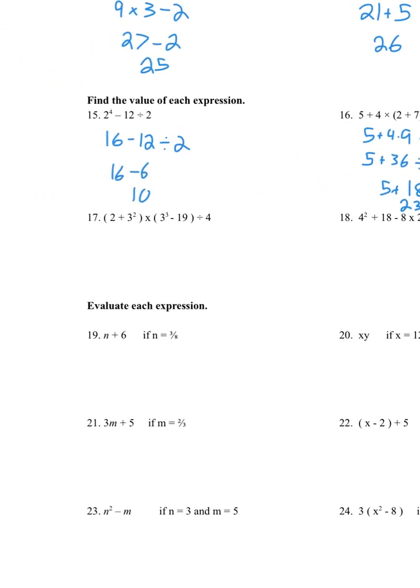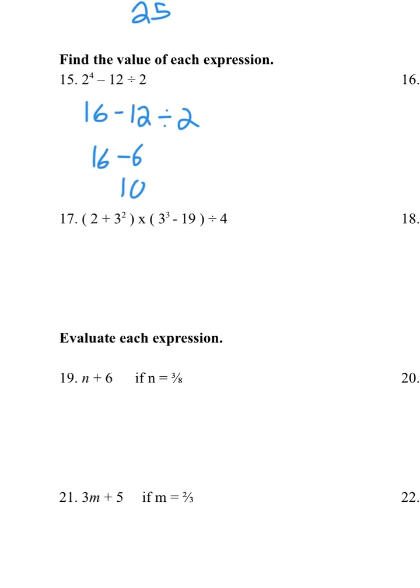Then we're taking a look at 17 here. Another one that could be a little tricky because of parentheses and exponents. So let's break it down. We're going to start with the first parentheses over on the left. And we have 3 to the second power as an exponent, so we have to do that before we can add anything. So let's do 3 to the second power is going to be 9.